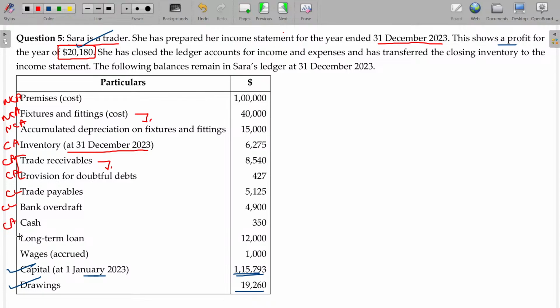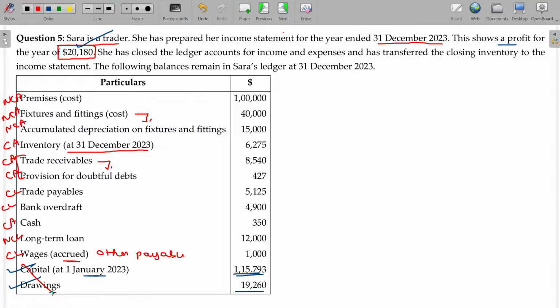Cash, current assets. Long-term loan, non-current liabilities. Wages accrued. Accrued means you are supposed to pay it later, so it's a current liability. Other payables and receivables are named accordingly. Is that okay? And the capital was already incorporated here.